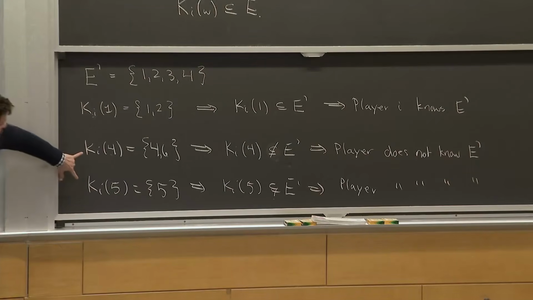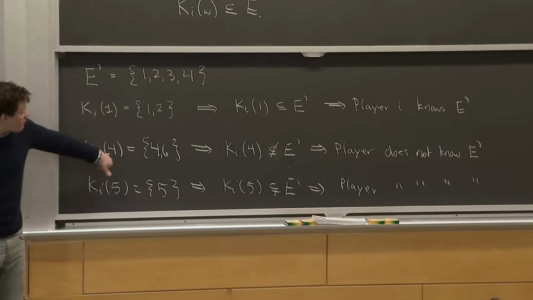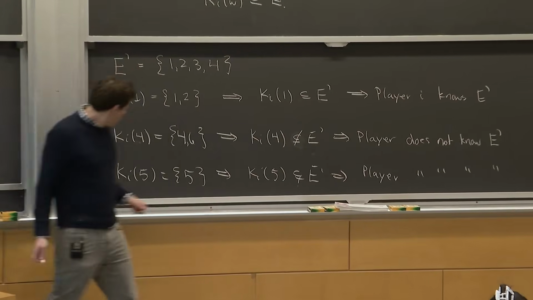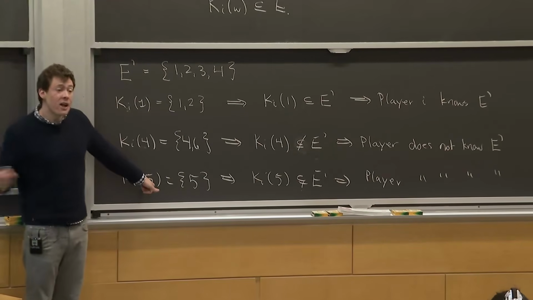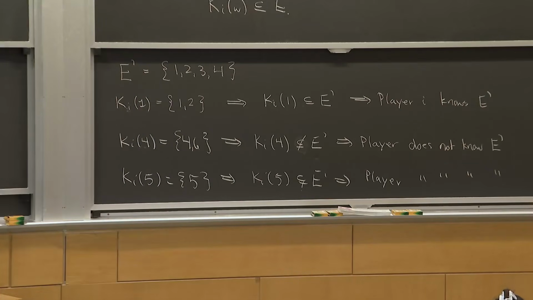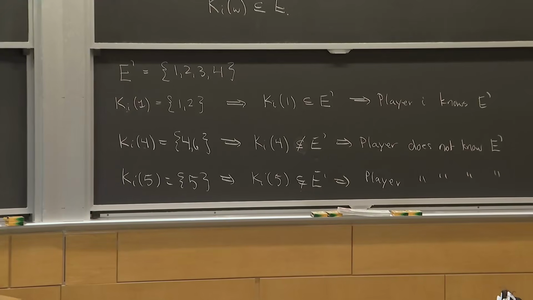But notice there's kind of an interesting difference here. In state 4, E prime has occurred, but player I doesn't know it. In state 5, E prime has not occurred, and the player doesn't know it. And this is consistent with the way that we drew information partitions and thought about extensive form games previously.